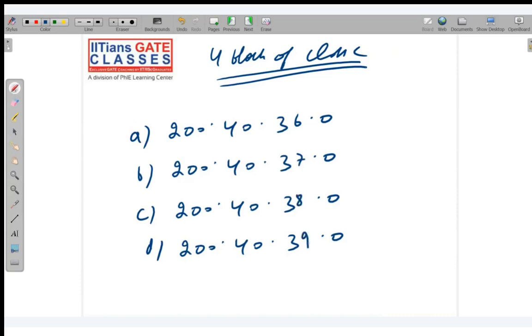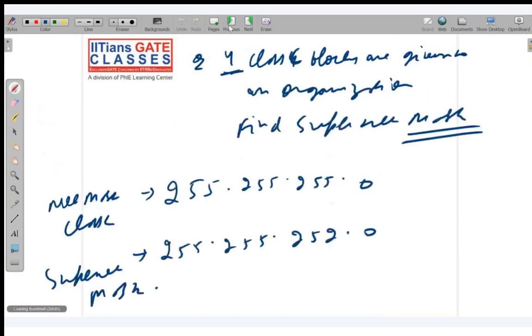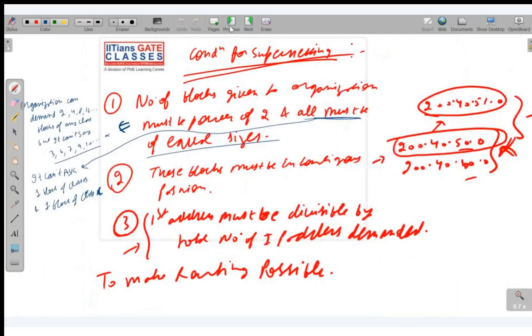Can these 4 blocks be given to an organization? So step by step, first the number of blocks must be a power of 2 and they must be of the same size. Class C blocks are of the same size, obviously, and 4 blocks means 2 power 2. So condition number 1 is fulfilled here. Are you getting it?